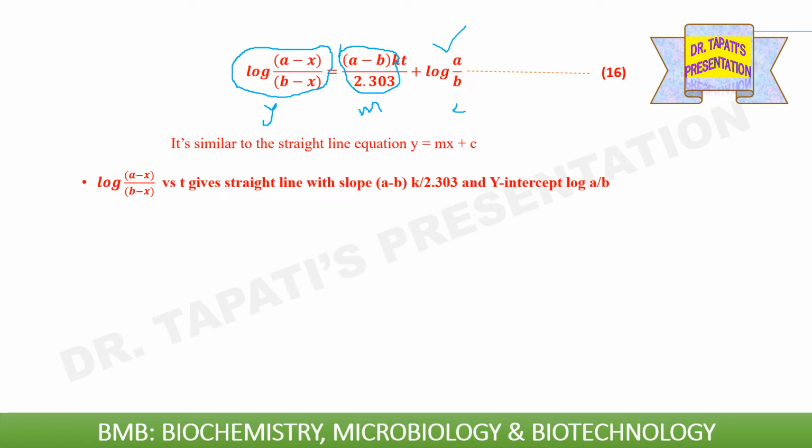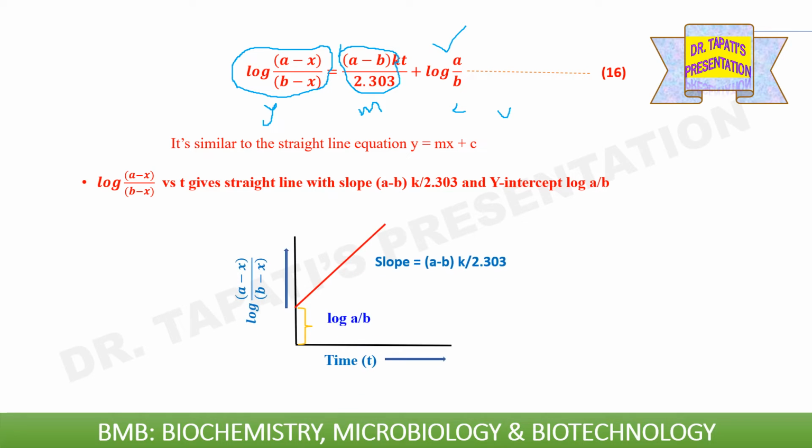Now if we plot log A minus x divided by B minus x versus t, we can get a straight line with slope A minus b into k divided by 2.303, and y-intercept, that means the value for c, that is log A by b. This is the plot where the slope is A minus b into k divided by 2.303 and the y-intercept is log A by b.